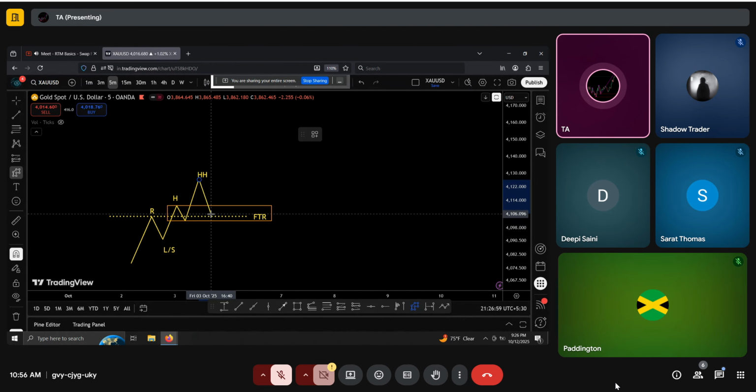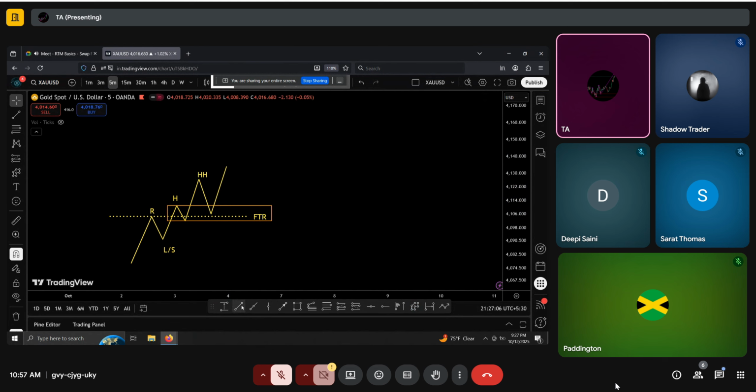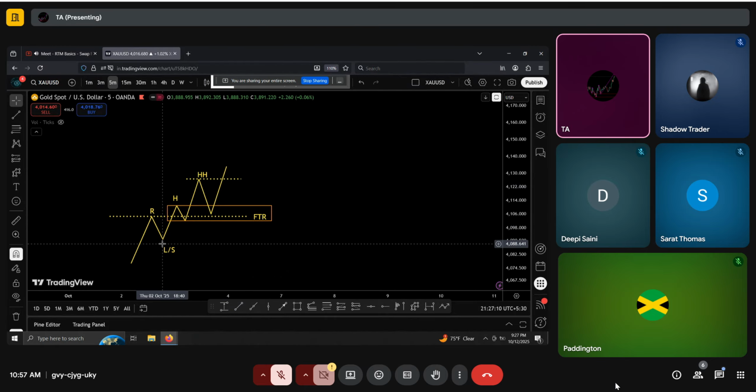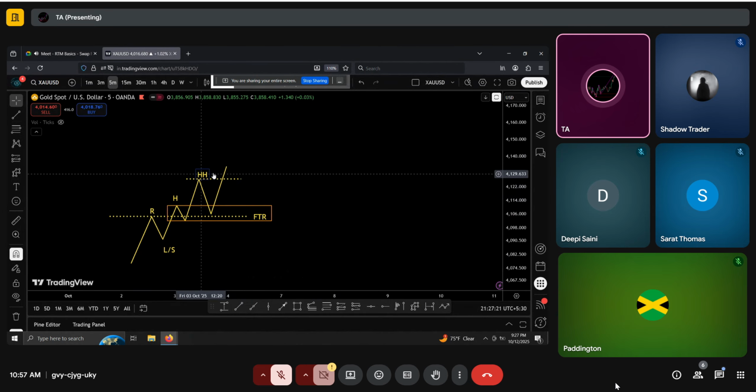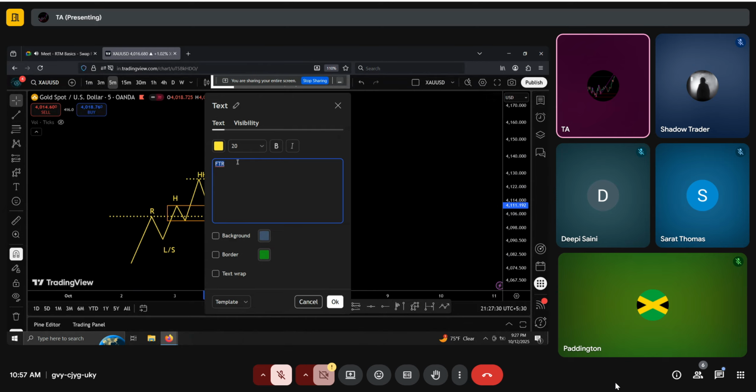Price should come back in this zone and go up again and cross this higher high level. This higher high level must be broken, and this crossing is valid even if price crosses by 1 pip or 1 point, but it should cross. So now the price crosses this higher high. Now this FTR converts to FL.